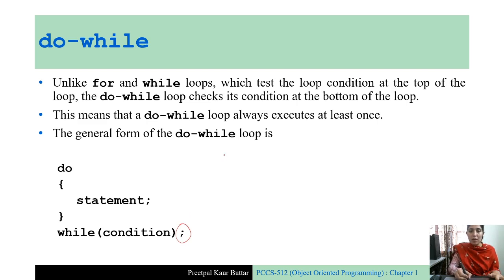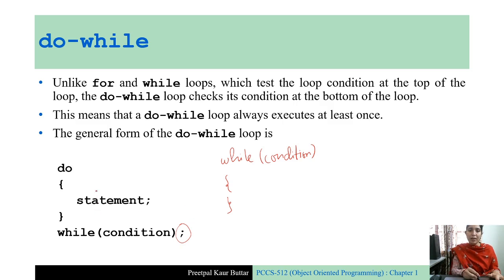In while loop, we wrote while, then the condition, and then the statements inside the curly braces. We did not put the semicolon there, but in the do while condition you have to put a semicolon, otherwise the compiler will give you a syntax error.